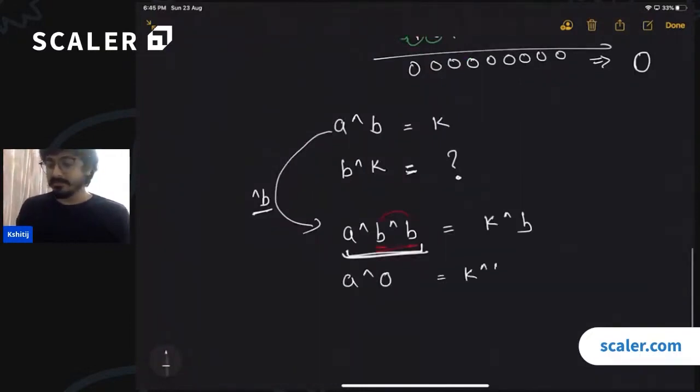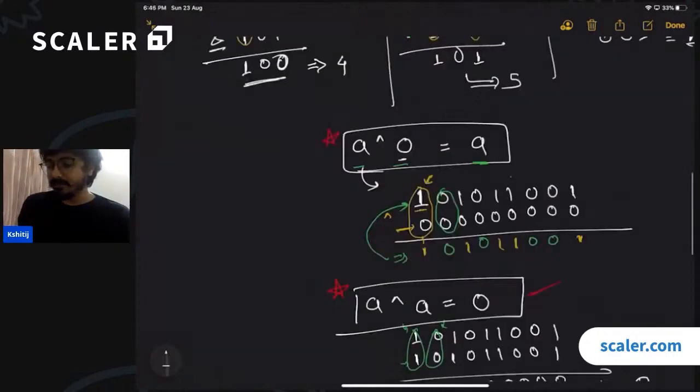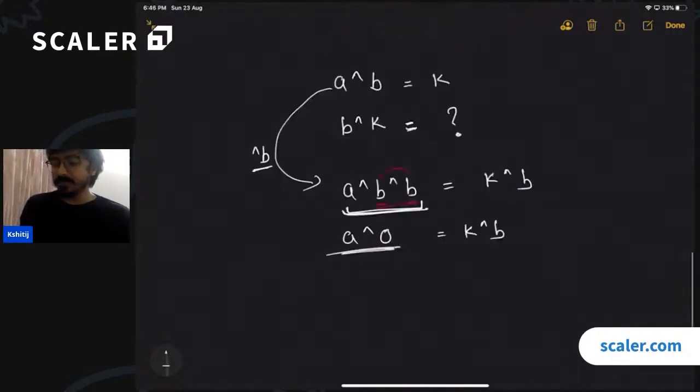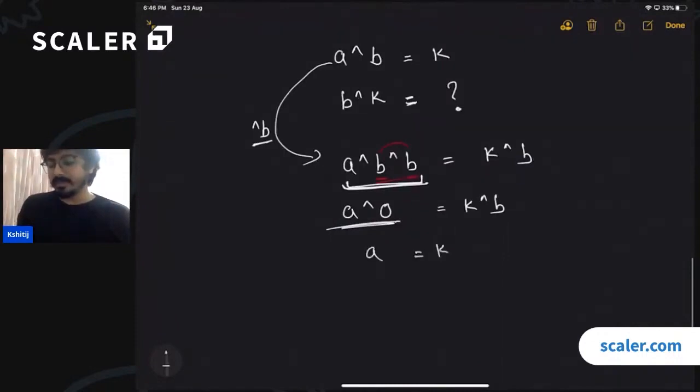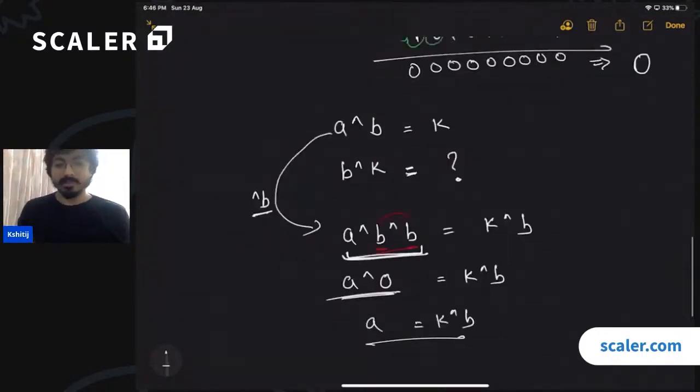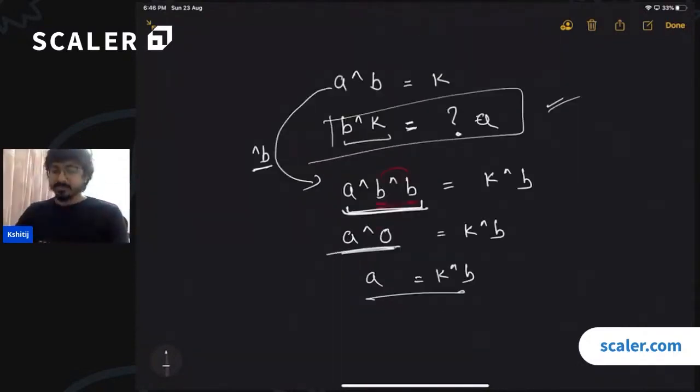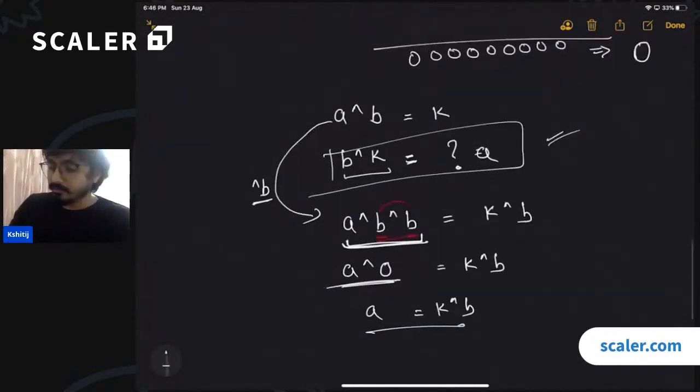We have just seen it is nothing but a. So a is equal to k XOR b, so we can say that b XOR k is equal to a. Does this make sense to everyone? Similarly, you can take the XOR of a on both sides, and you can also prove that a XOR k is going to be equal to b.